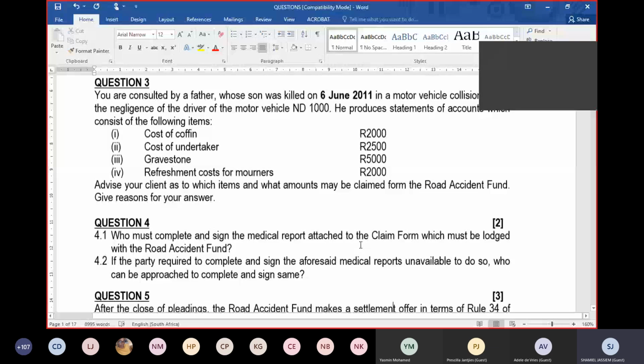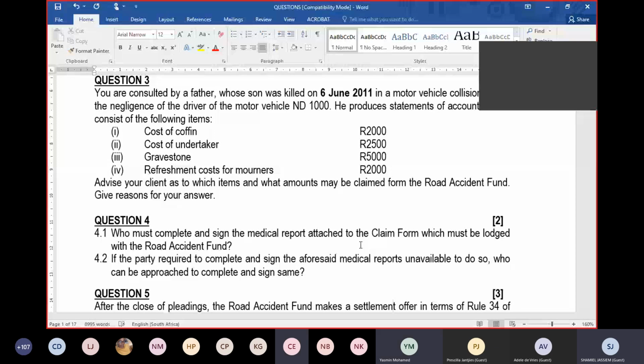Who must complete and sign the medical report attached to the claim form, which must be lodged with the RAF? What did we say? Who must sign that claim form? The superintendent or the medical practitioner. Correct. 4.2, if the party required to complete and sign the aforesaid medical reports is unavailable to do so, who can be approached to complete and sign the same?